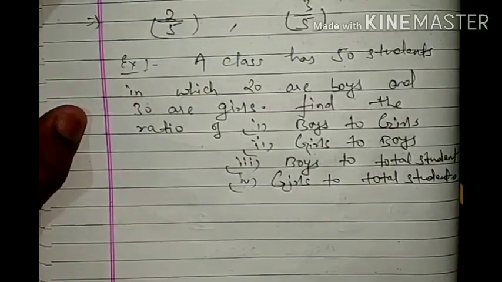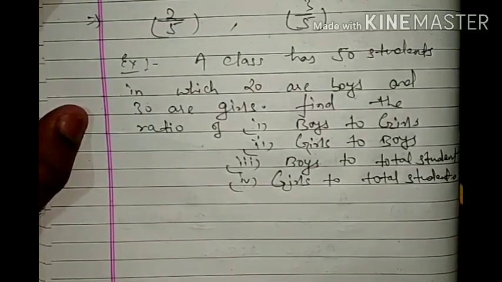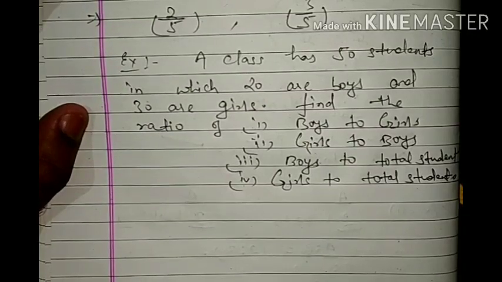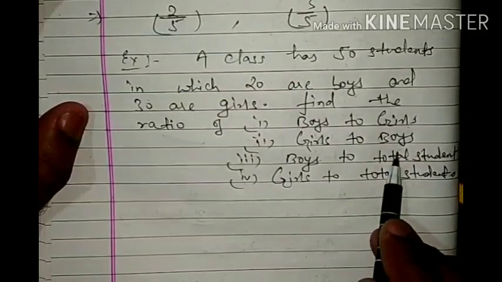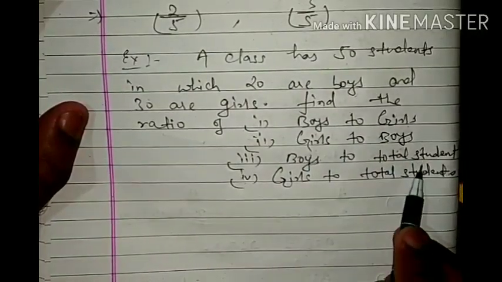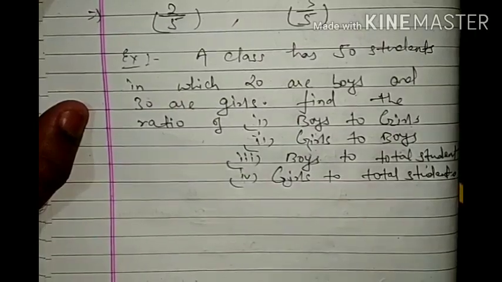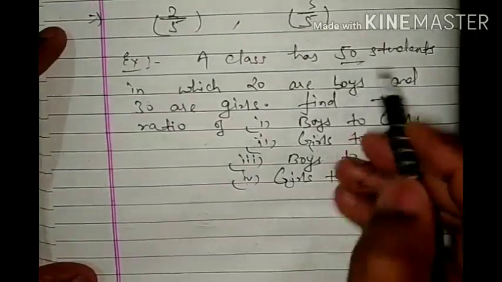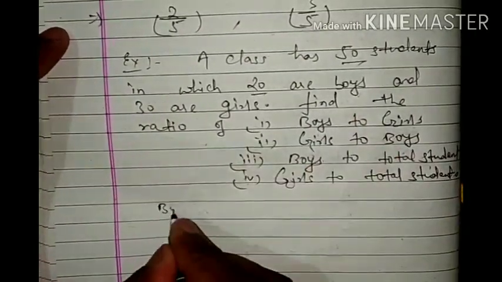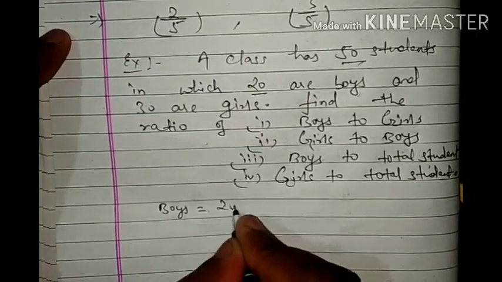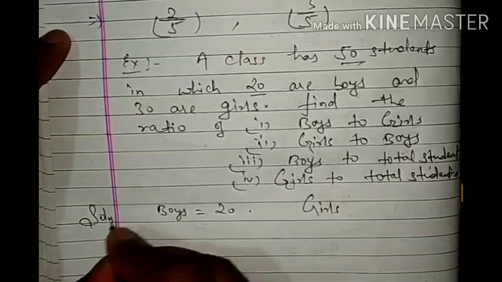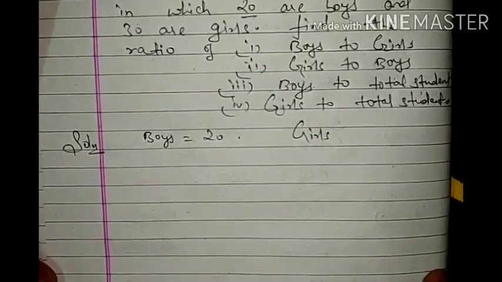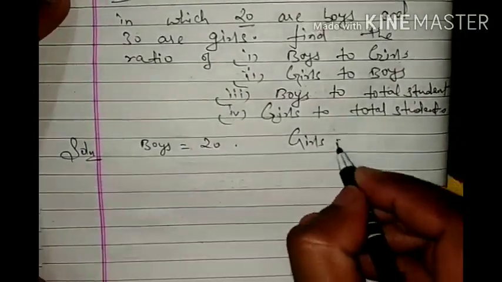This is the question. A class has 50 students in which 20 are boys and 30 are girls. I am asking you to find the ratio of boys to girls, girls to boys, boys to total students and girls to total students. Solution: boys is equal to 20 and girls is equal to 30.